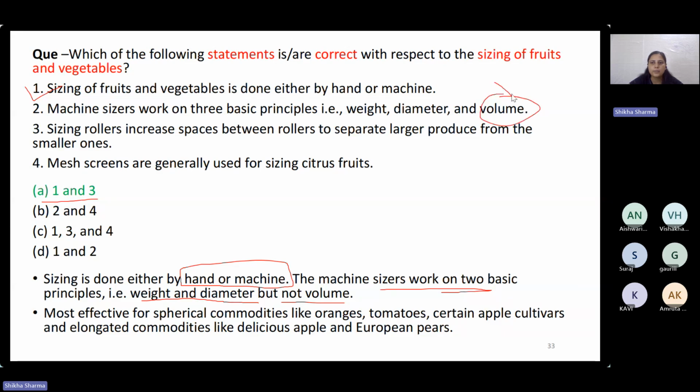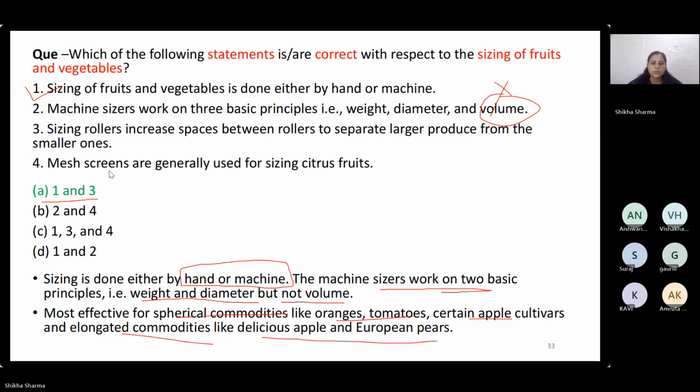Then, most effective for spherical commodities like oranges, tomatoes, and apples, and also for elongated commodities like apples and pears.